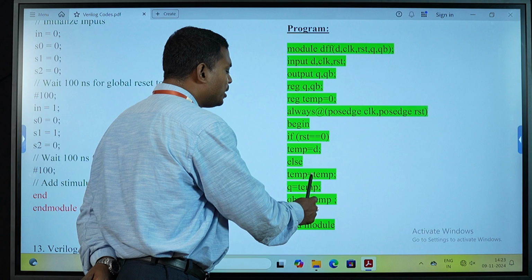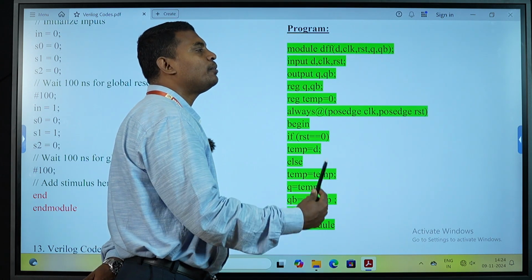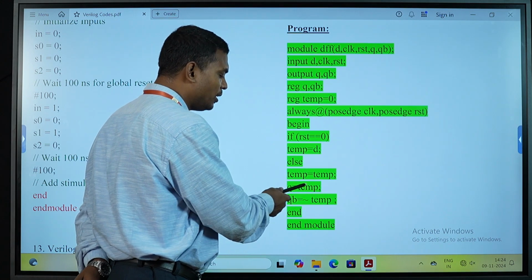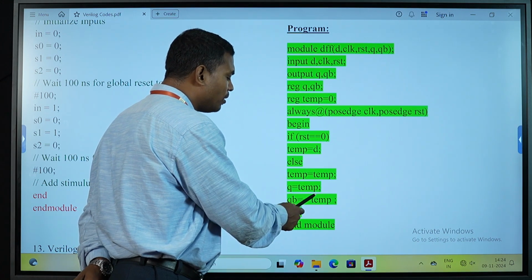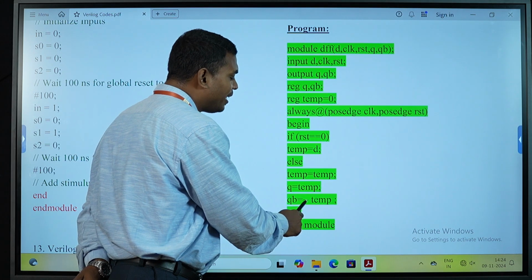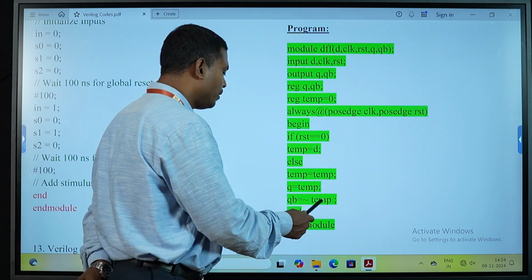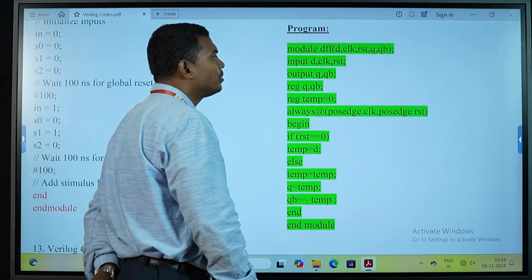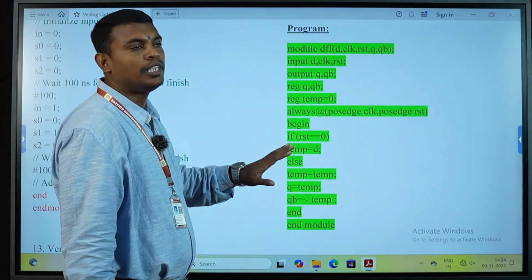Whatever data I am providing should arrive as the same thing at the output level. Now Q is equal to temp and Q bar is equal to negation of temp, means the opposite value of temp is provided at Q bar. I am ending my module with endmodule. So this is the operation of D flip flop.